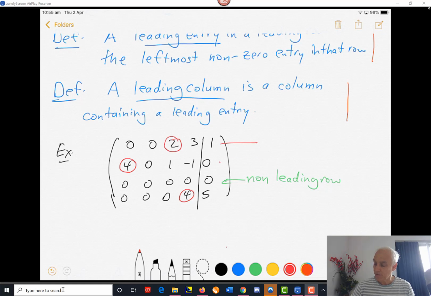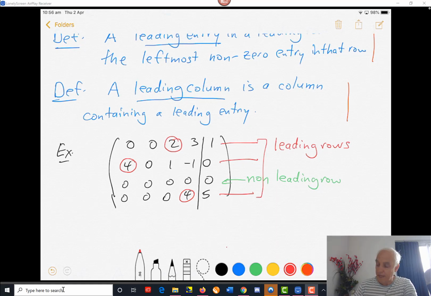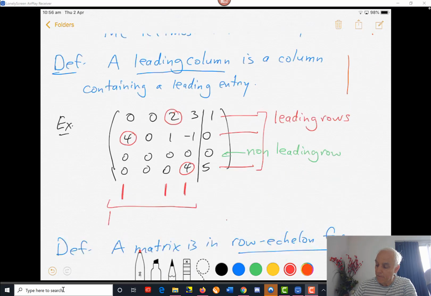So this row, and this row, these are the leading rows because they're not all zeros. The first or leftmost entries in those rows are the leading entries, and they're the ones that are circled. The 2 in the first row, the 4 in the second row, and the 4 in the fourth row. The leading columns then are the columns containing these leading entries. So these columns here, the first column, the third column, the fourth column, they are the leading columns of this matrix.